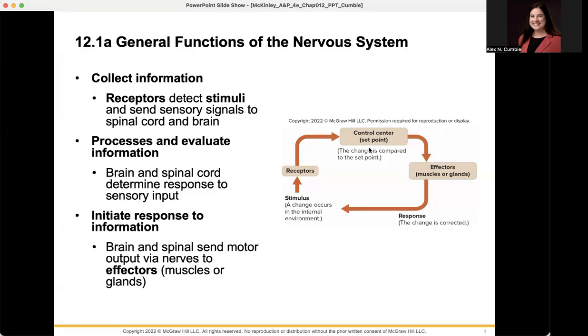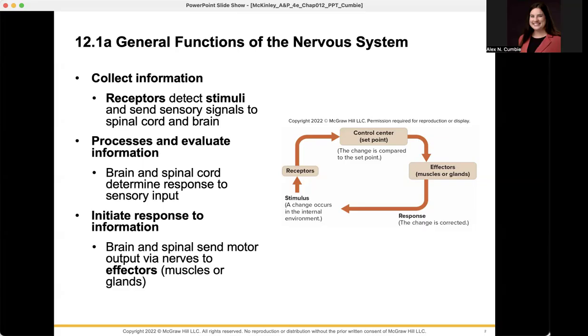And they are going to basically compare this change to whatever set point was set inside the body. So they process the information for whatever the change that was occurring, and then they'll send a signal to an effector. And an effector is always a muscle or a gland, and that effector will have a response.